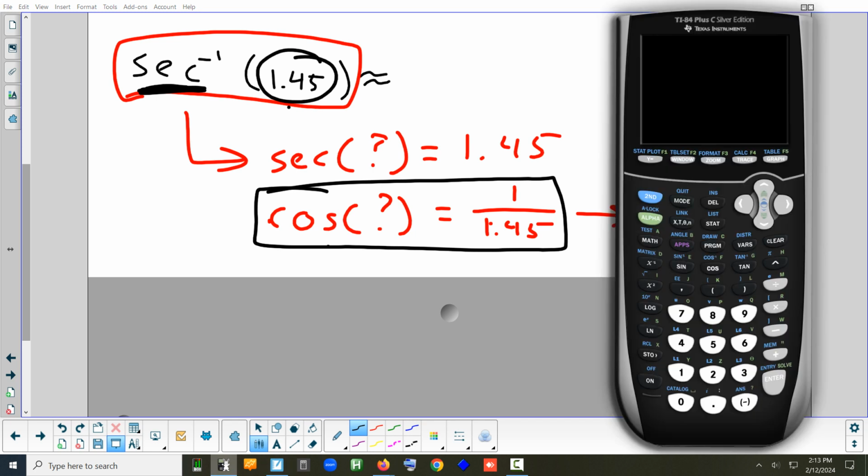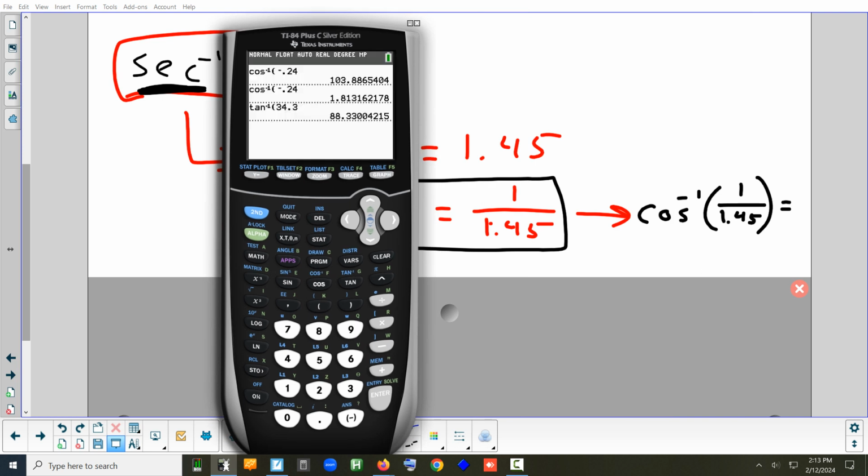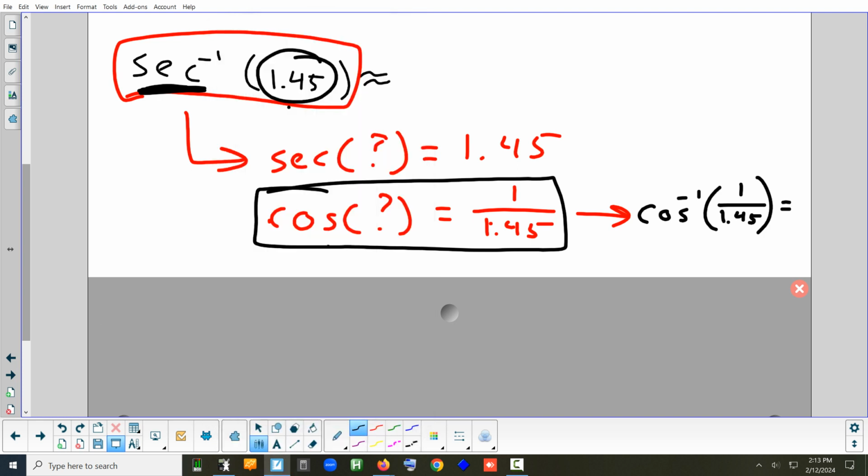All right, let's type that in. So inverse cosine, 1 over 1.45. There's no other way to do inverse secant on the calculator. That's all you can do. There's no other button. It's 46 point, if we round up, 46.40.